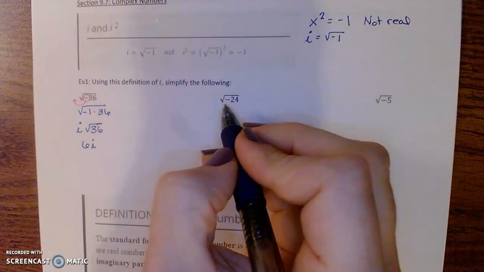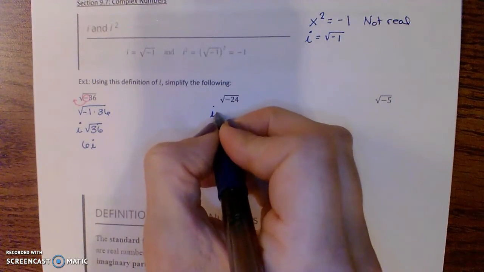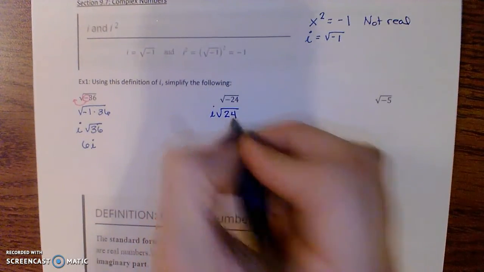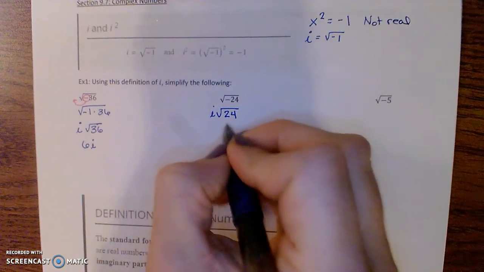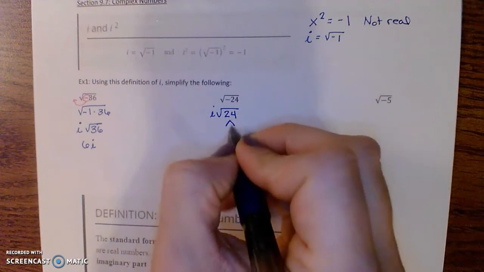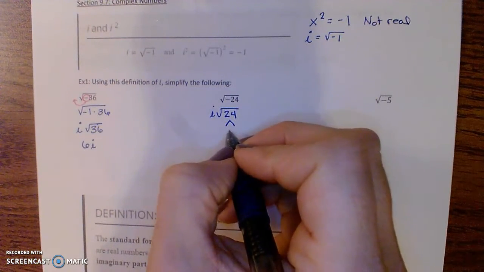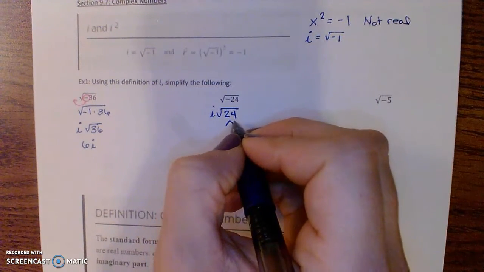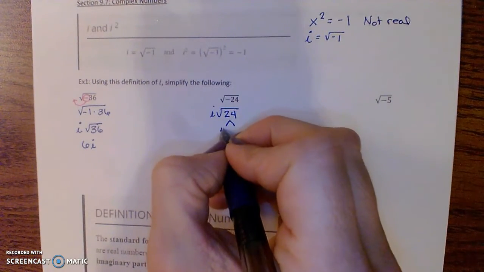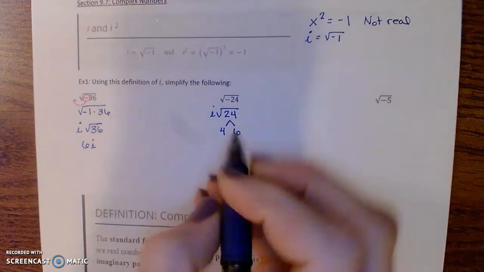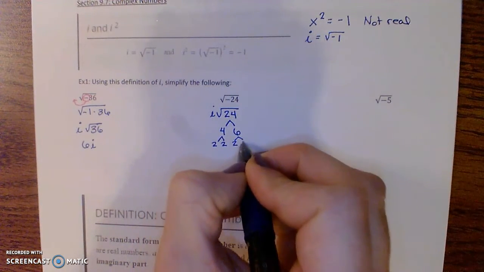All right, so similarly here, the square root of -24, you can think of this as i times the square root of 24. And the square root of 24, that's something that we can simplify. I know that there's some perfect squares inside here that I could pull out. In particular, 24 could be written as 4 times 6. And 4 is 2 times 2, 6 is 2 times 3.